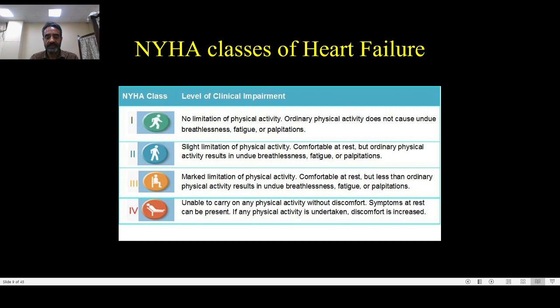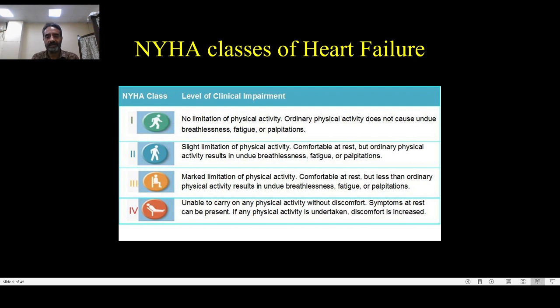So this is the fourth stage, the last stage of heart failure. If physical activity is undertaken, the discomfort is increased.